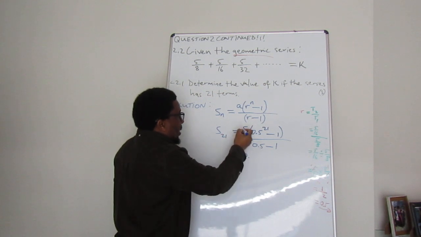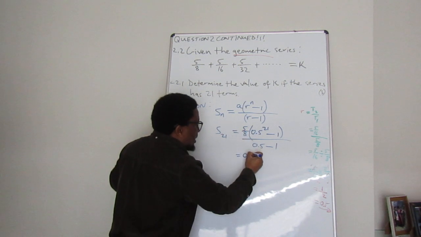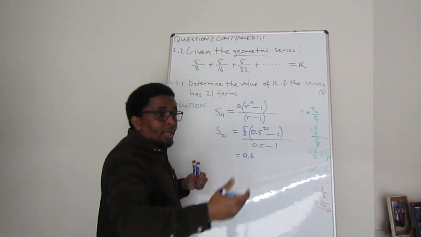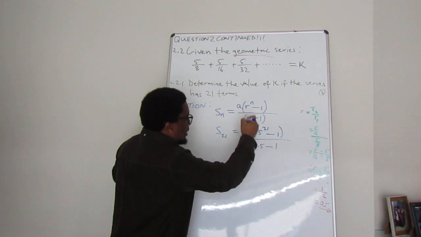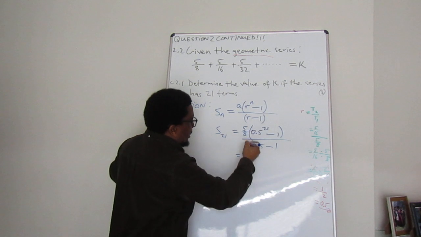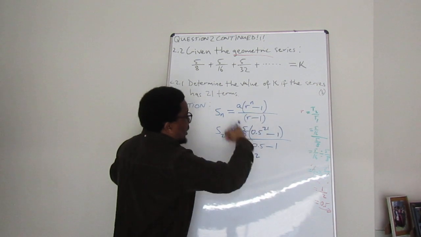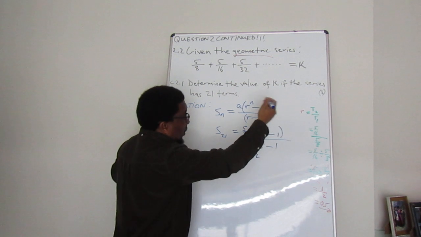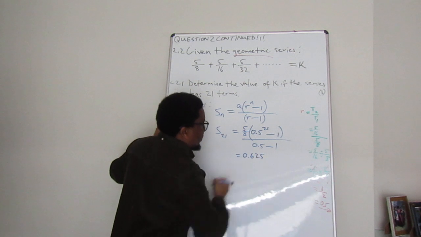And then 8 goes into 6, about 6 times. 8 times 6 is 48. The difference there is 2, then you get 0.625.